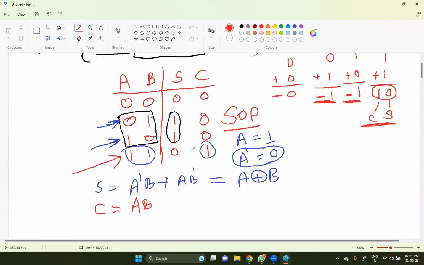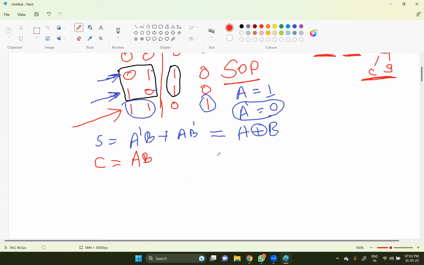Now you can design the block diagram for this. The block diagram is very simple. Let me consider this is a half adder. Okay, this is a half adder here.